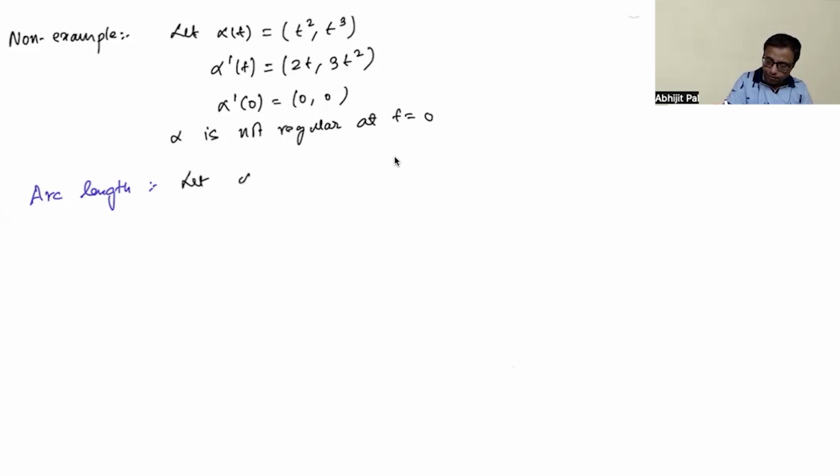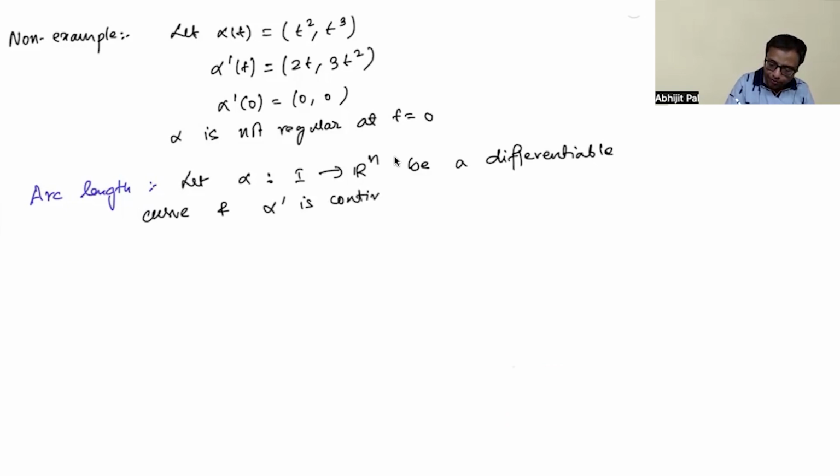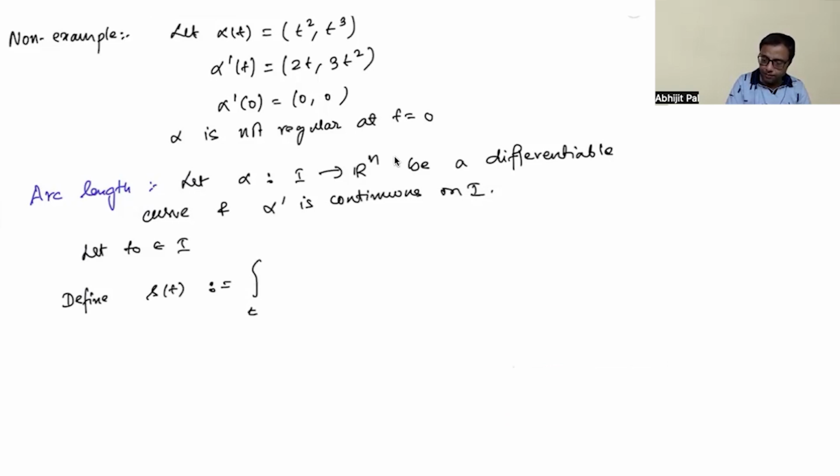Let alpha from I to Rn be a differentiable curve, and let us assume that alpha prime, the derivative of alpha, is also continuous on I. Now let us fix a point t naught belonging to this I, and define s of t to be equal to the integration from t naught to t of the norm of alpha prime t dt.